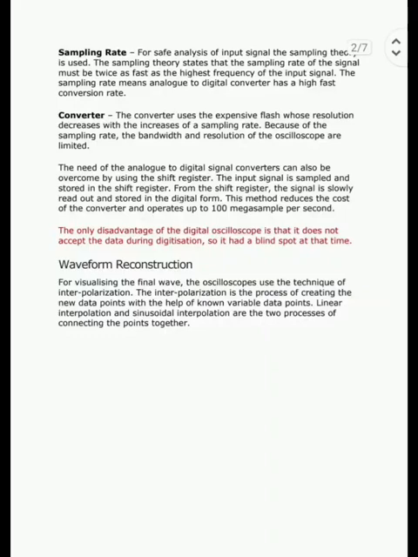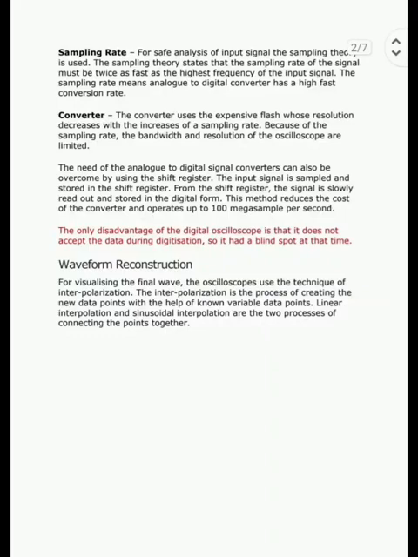The sampling theory states that the sampling rate of the signal must be at least twice the highest frequency of the input signal. The sampling rate means the analog to digital converter has a fast conversion rate, and the converter uses expensive flash whose resolution decreases with the increase of the sampling rate.